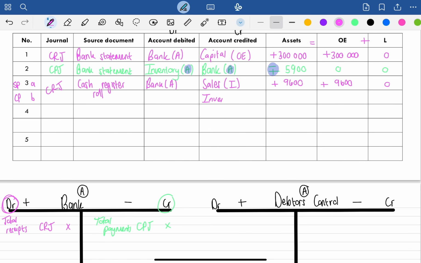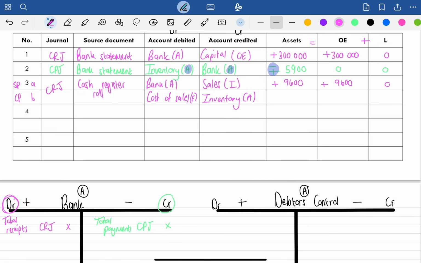Inventory is also a perfect way of referring to it. So my inventory that I sold is decreasing the amount of inventory I've got. And then I've got cost of sales that shows an expense that I had to incur to make this income. So the stock didn't just arrive for free.